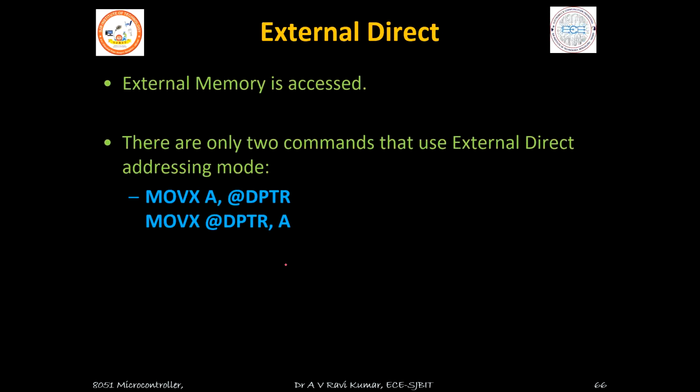We have MOVX, where X stands for external memory location. With DPTR pointing at your external memory, that content is moved into the accumulator. That is one instruction. If you want to put data into the external memory, you move the accumulator content to the address in DPTR.